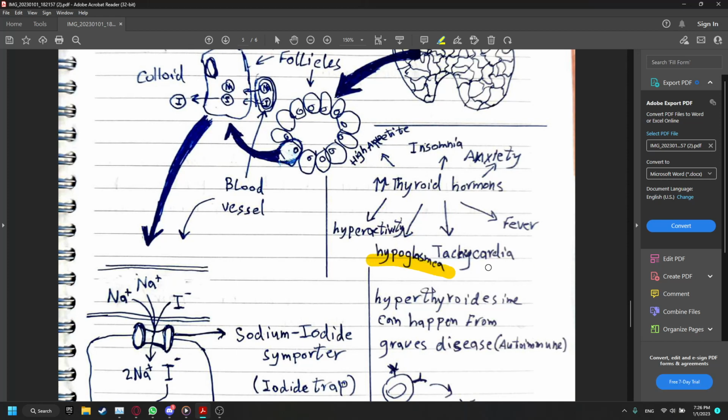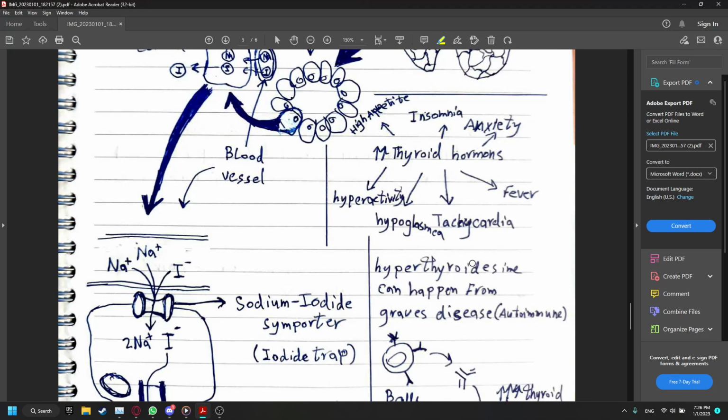Also tachycardia and hyperactivity, because all of this energy is being used in your body and you have to release it in one way or another.